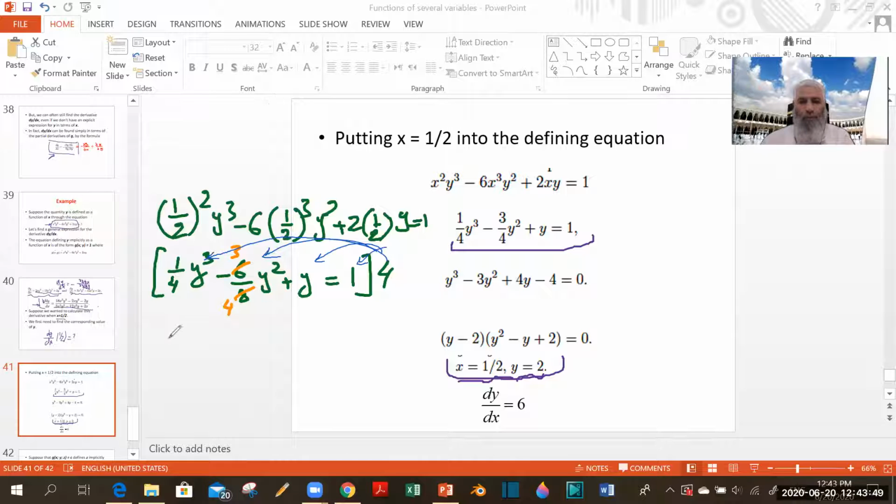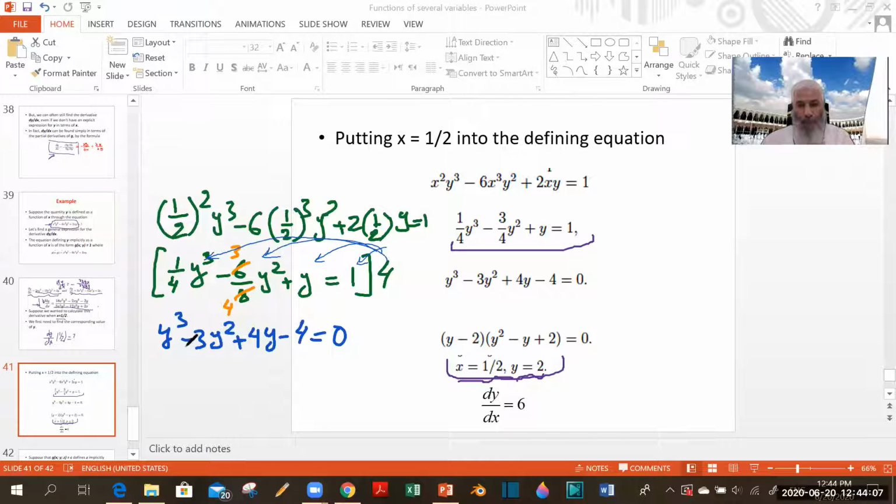So 4 multiplied by 1 over 4 is y cubed, minus 3y squared, plus 4y, and the 4 comes to the other side, minus 4 equals 0.